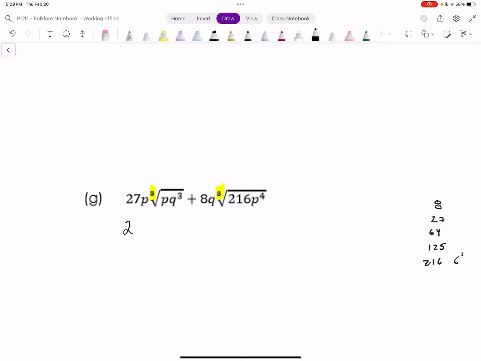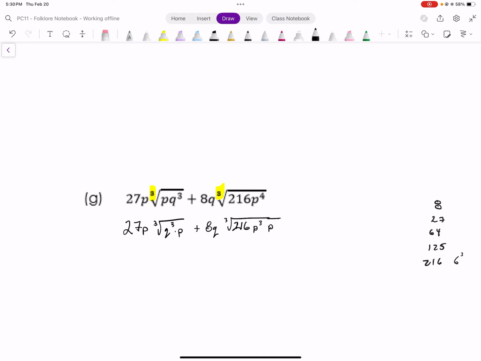So this is, I'm going to start on my question. So that's 27p is my coefficient times the cube root of q cubed times p plus 8q times the cube root of 216 times p to the power 3 times p.